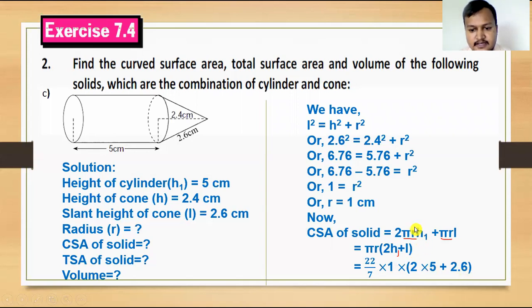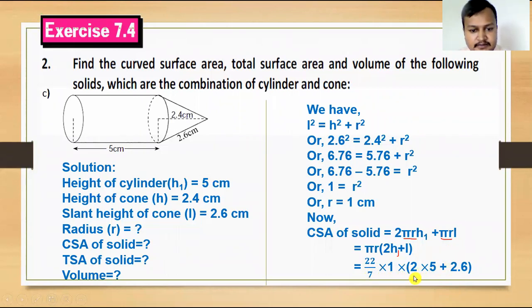We used h1 here because this is the curved surface area of the cylinder, and we said that the height of the cylinder is h1. For the cone we use h. For the cylinder we use h1 as we denoted here. Now multiply these values. 2 into 5 is 10, 10 plus 2.6 means 12.6. 22 into 12.6 divided by 7.